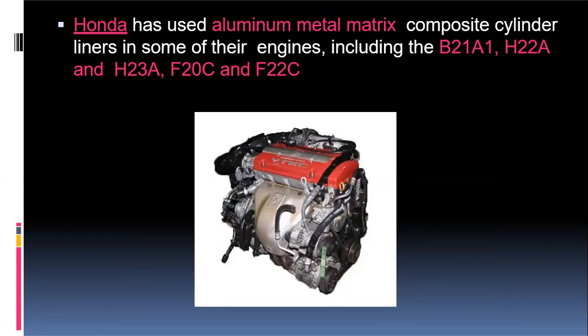So these are all codings of the cylinder liners. In industry, they name the materials in coding language only. So they are not saying stainless steel or hardened steel or cast iron. They use it in code form only. So these are all the different codes of the cylinder liners.